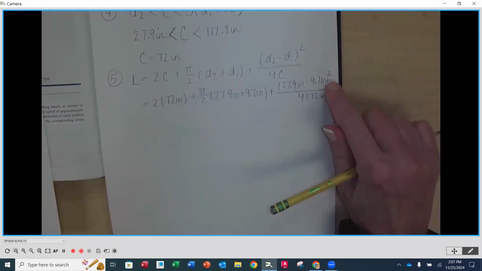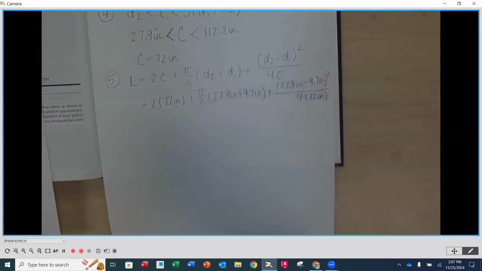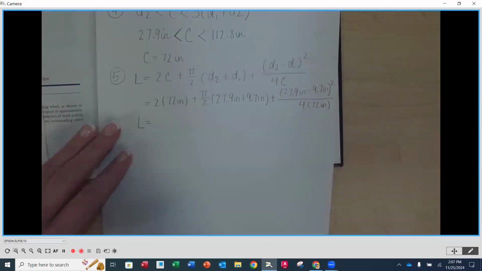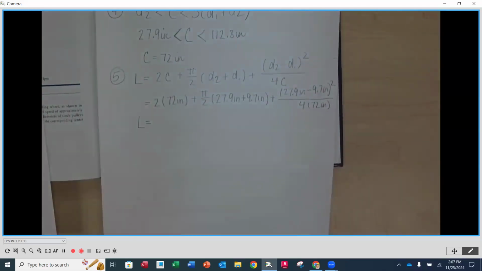So you're going to square the top here. That's going to be inches squared divided by inches, so you'll end up with inches for the last quantity. Okay. So go ahead and once you have your values in, calculate your number here for the length based on that exact center distance.